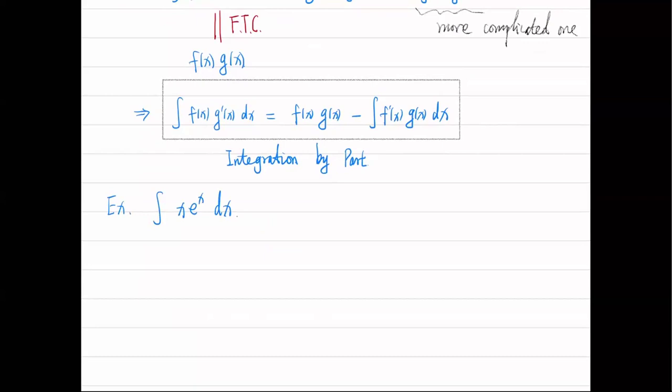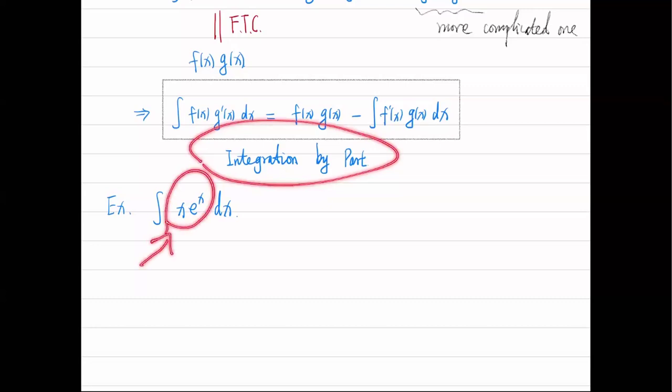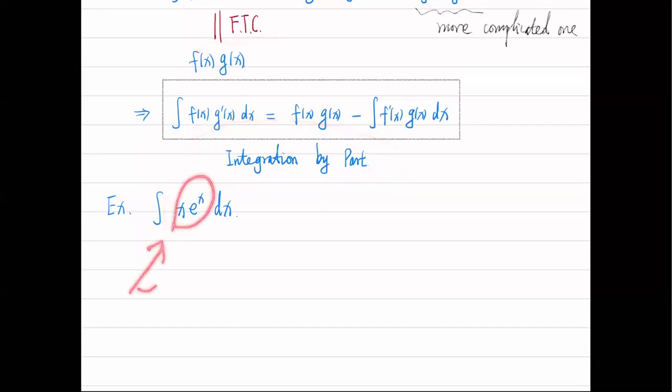I know. So without this technique, the only method we know is the fundamental theorem of calculus. That's how we do the integration. However, if we go over a list of functions, there's no function whose derivative is this. So first, we want to try this fundamental theorem of calculus.